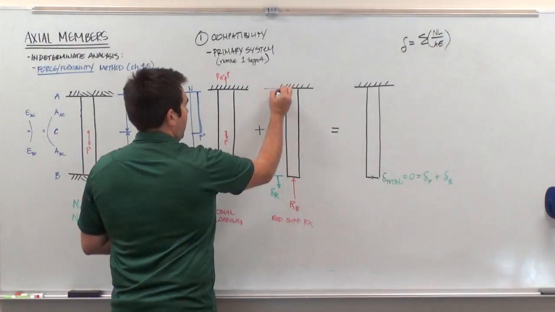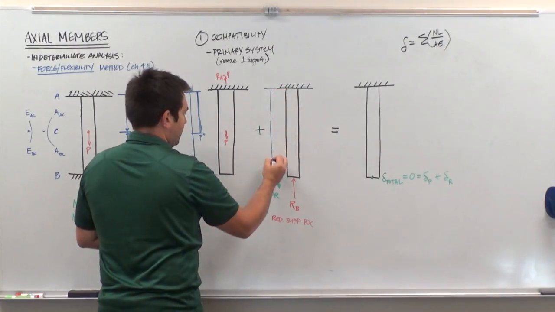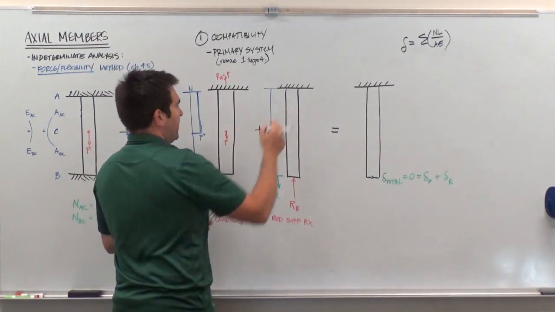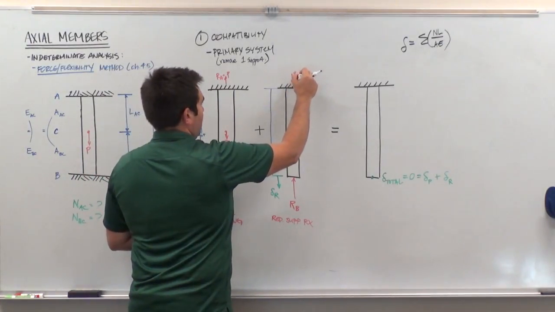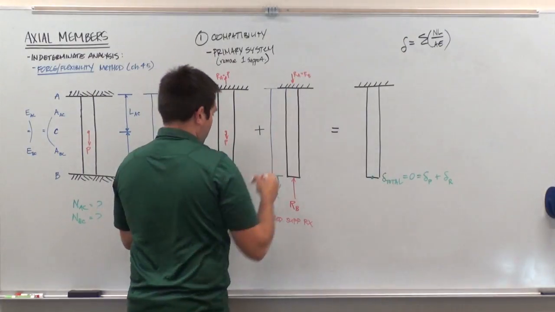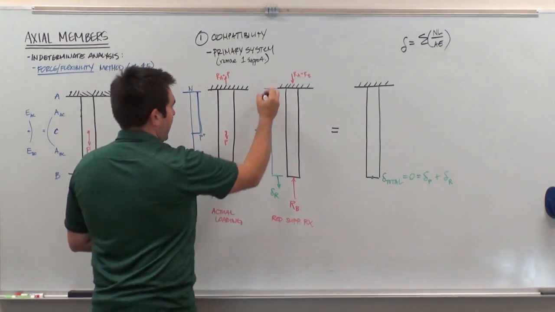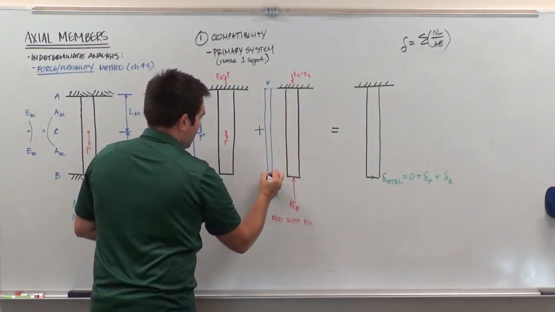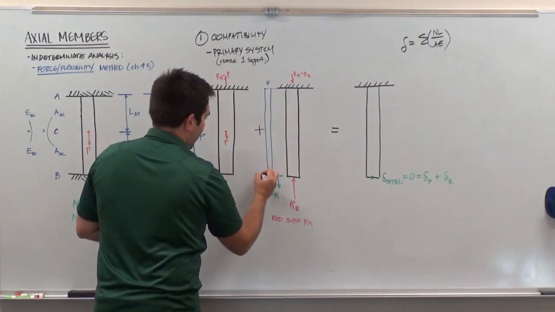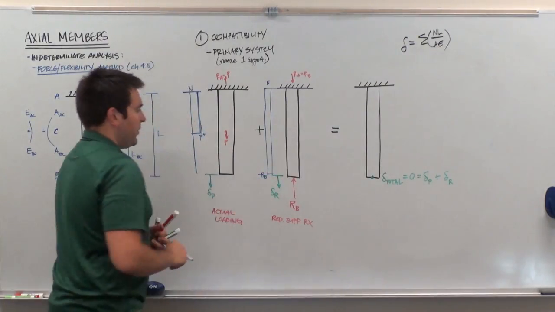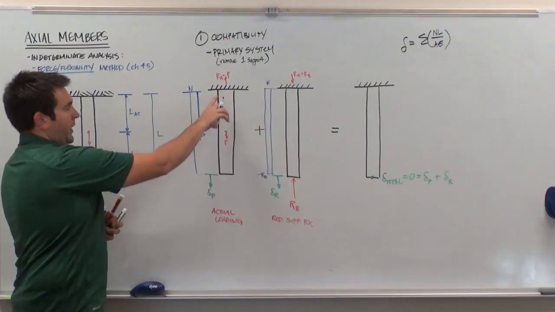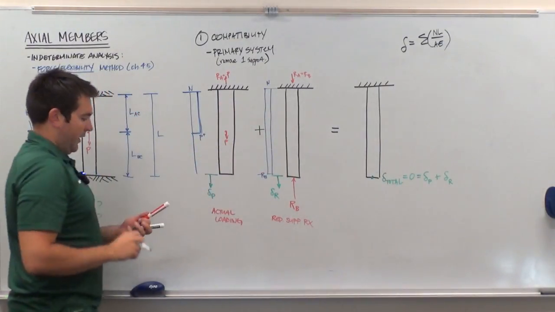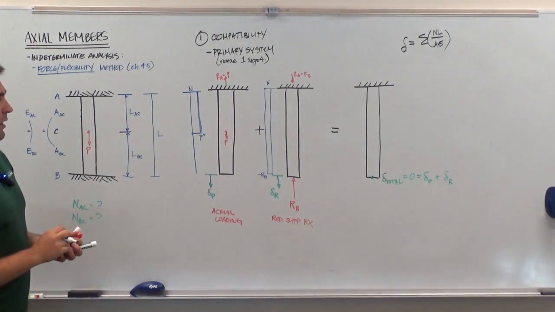For this second loading on the primary system, I have R sub B pointed up, and so my support reaction up at the top is just going to be equal to R sub B. It's in compression, so I'll get a constant negative normal force the entire distance, equal to minus R sub B. So here I get tension in the top, nothing on the bottom. Here I get constant compression the entire height.